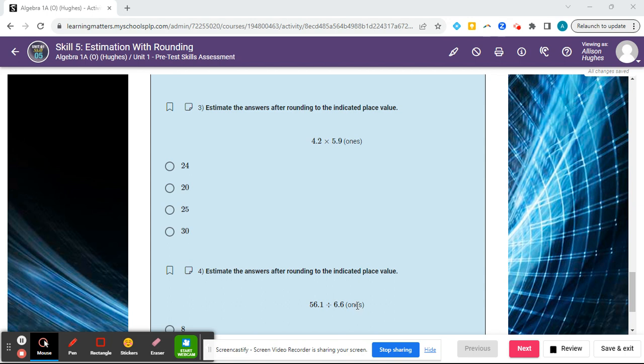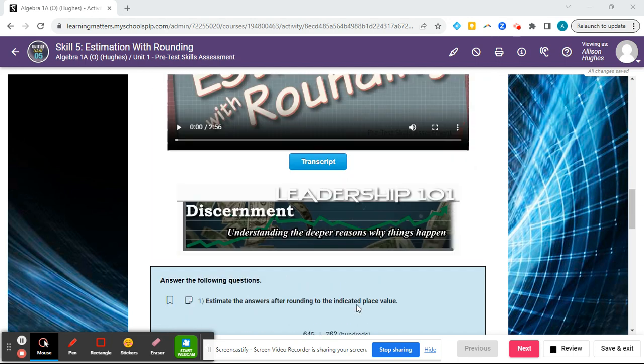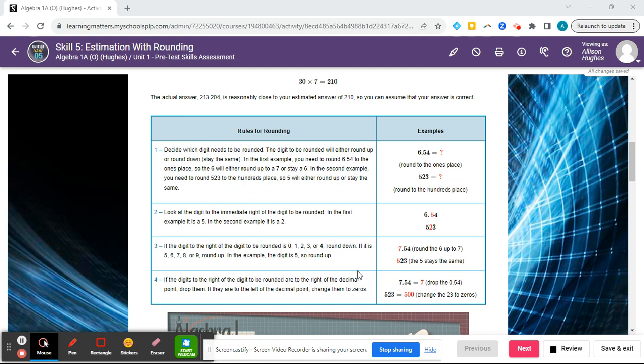So let's scroll up into your notes and do a little refresher on rounding. So you do have an example right here with the number 6.54. And we're going to round to the nearest ones place.